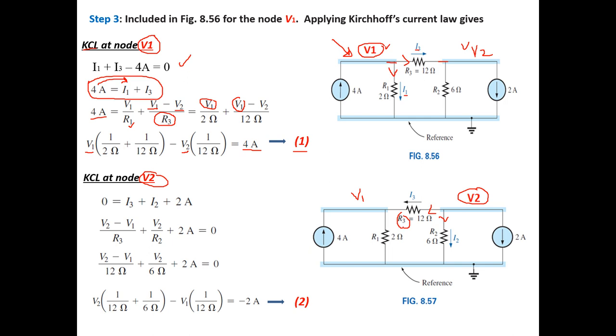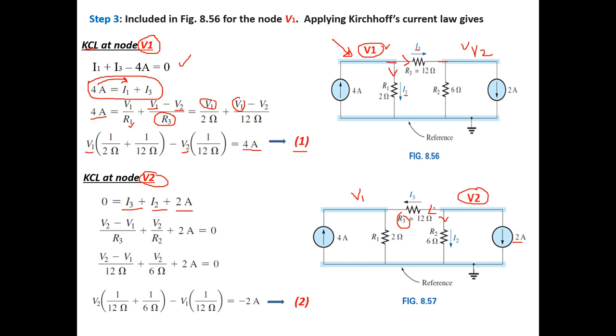When I check, I can notice that all the parameters connected to this node are leaving the node. So I3 plus I2 plus 2 ampere equals 0, because I do not have any currents entering the node.